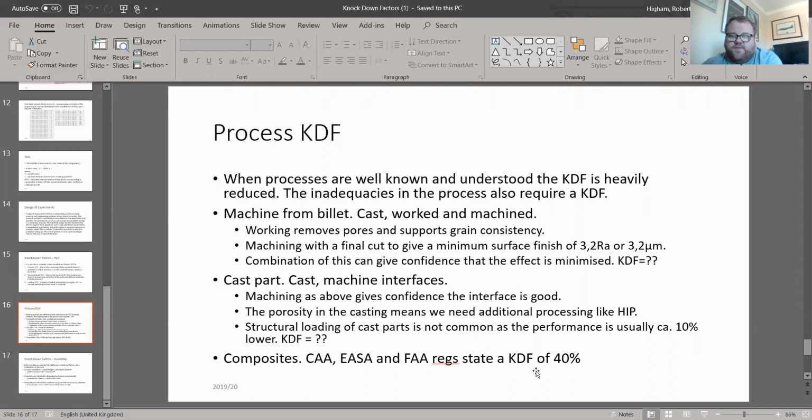So even if you have, I don't know, 1,000 megapascals tensile strength as your mean, you have to apply a 40% knockdown factor to that value before you can use it. And that's because the aerospace organizations don't have confidence in the processing, or they don't have confidence in the consistency of production.